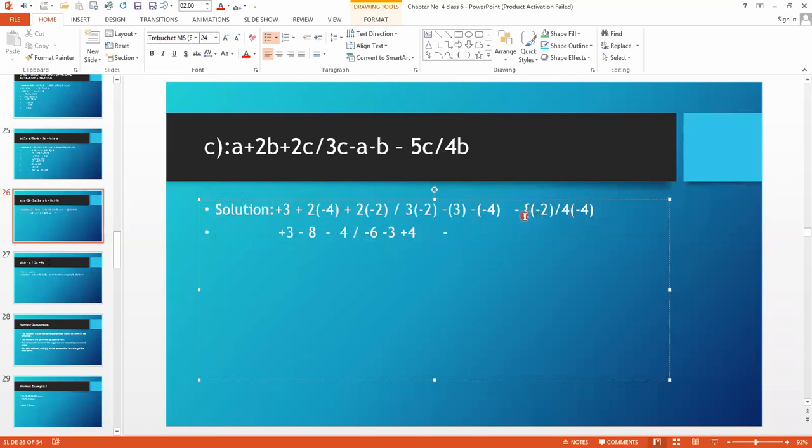Just wait here. C is equal to -2 and here it is equal to -5. 5 minus 2 over 4B. Okay. I have to put it here in a curly bracket. Why do I have to put it here in a curly bracket? There is a reason. Look here. First, I have to solve all this, and then in the end, I have to solve this. That's why I have to put it in a curly bracket. Look here. I will tell you again.